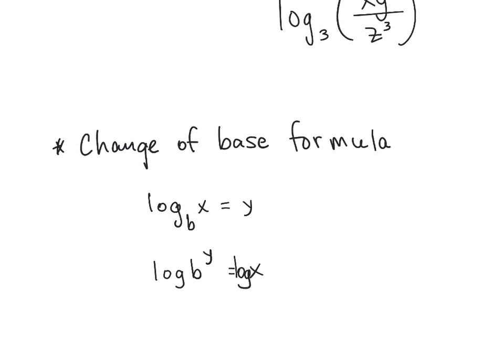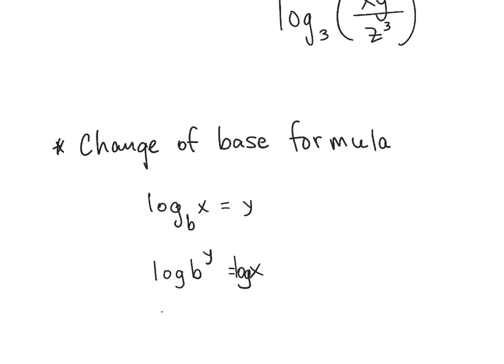Now, one of the things that we learned in this lesson, 4.4, is if you have a logarithm of one base, but an exponential of another base, if the bases don't match, they're not going to cancel, but you can take the power and move it down in front as a coefficient.